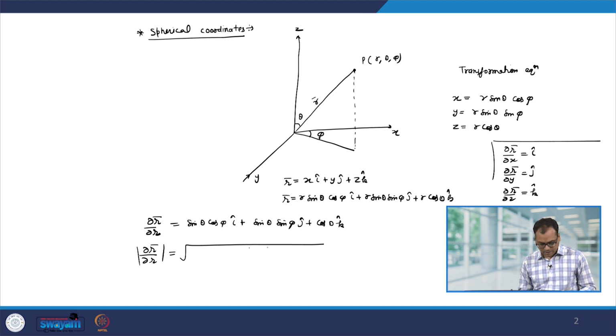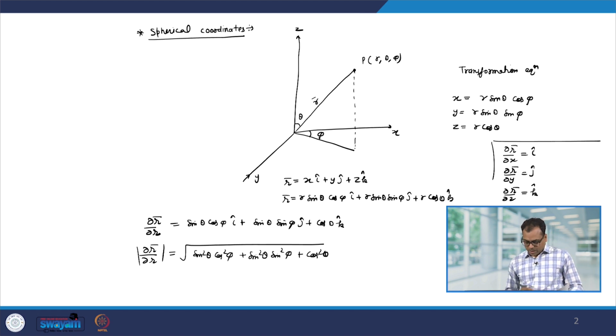Let us see that it is square root of sin square theta cos square phi plus sin square theta sin square phi plus cos square theta. Now, from here you can take sin square theta common, then it will be cos square phi plus sin square phi, that will be 1, and then you will get sin square theta plus cos square theta, that will be 1.